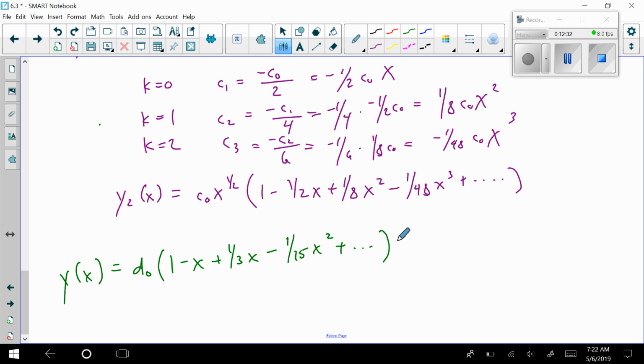That was our y sub 1, and then we add in, okay, now this c naught is different, so it's d sub 1 x to the 1/2, and then times 1 minus 1/2 x plus 1/8 x squared minus 1/48 x cubed, plus so on until the end. And there we have our first series solution, a power series solution about a singular point.